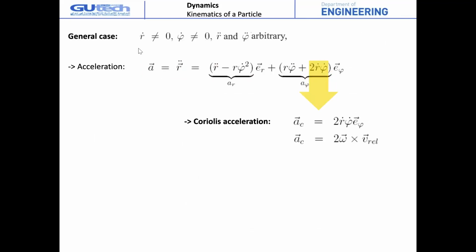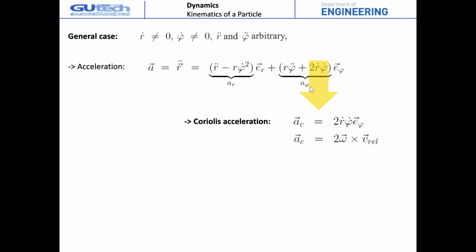Then in the general case, r dot is different from 0, phi dot is different from 0, and r double dot and phi double dot are arbitrary. In this case, the acceleration is given by these terms, as we have seen before.